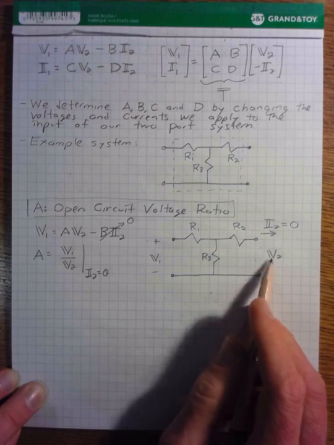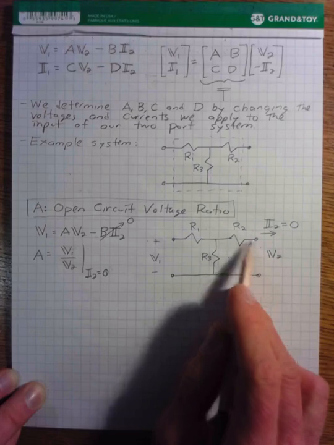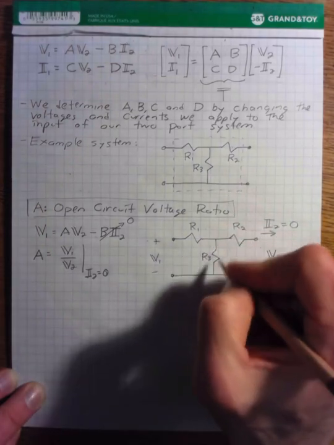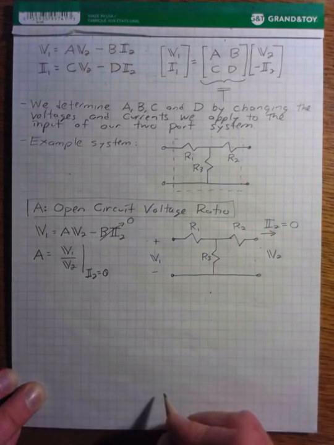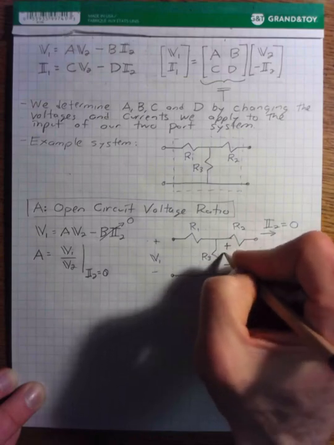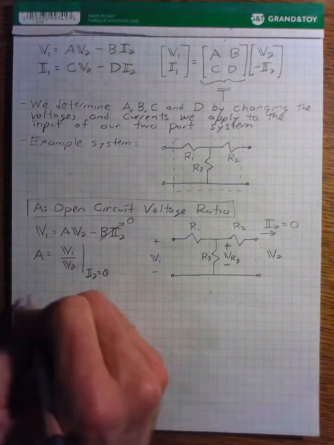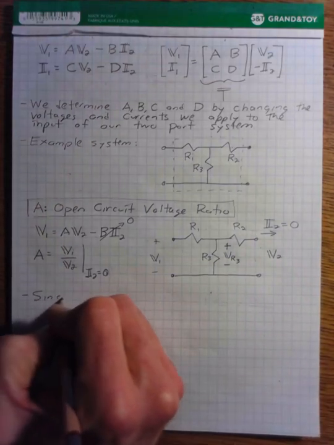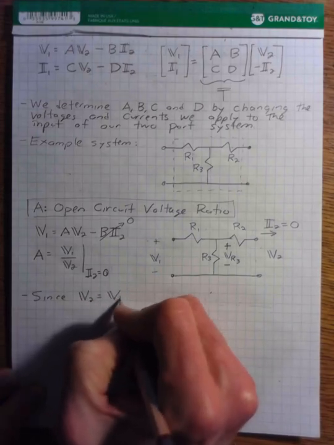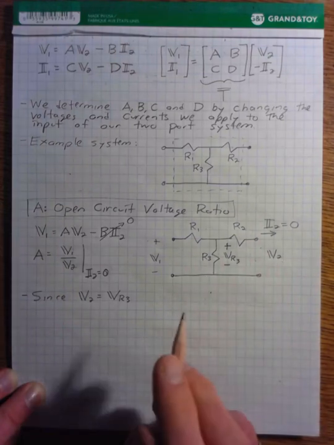So now, because no current is flowing through this branch, there can be no voltage across this resistor. So V2 is just equal to the voltage across R3. And that means, since our output voltage V2 is equal to the voltage drop across R3, we can just use the voltage divider equation to figure out V2.